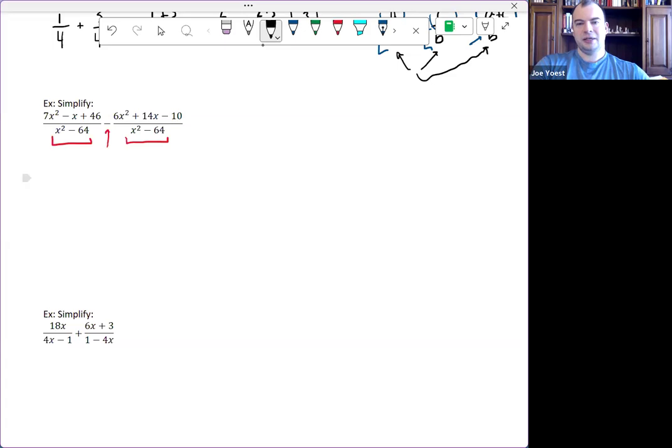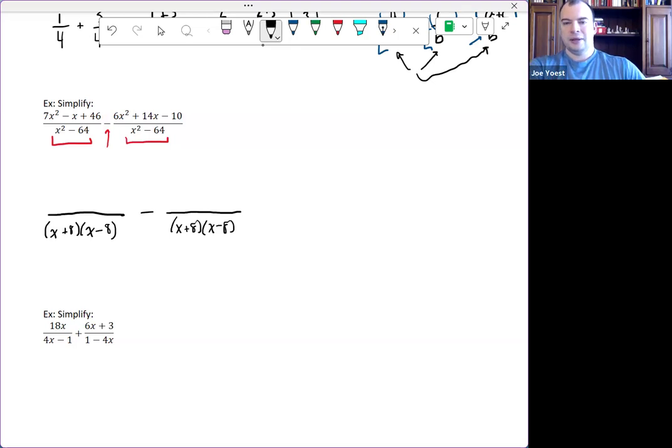Okay, but let me start by trying to factor these out. I know that my denominator factors into x plus 8 times x minus 8 in both cases. Now, I can look at 7x squared minus x plus 46. If I factor this, what does that give me?